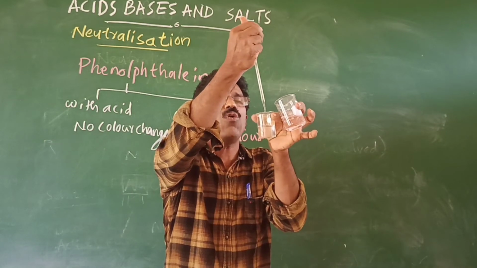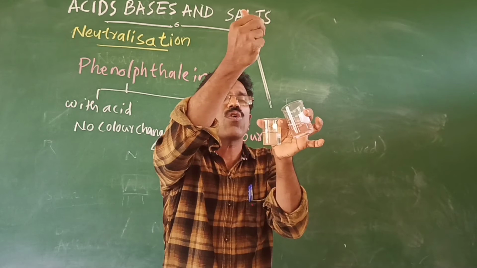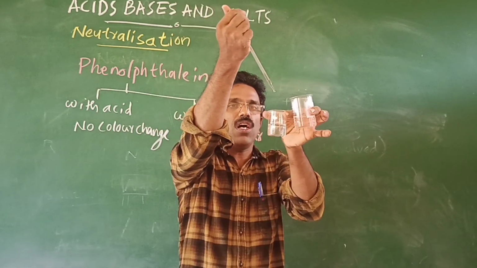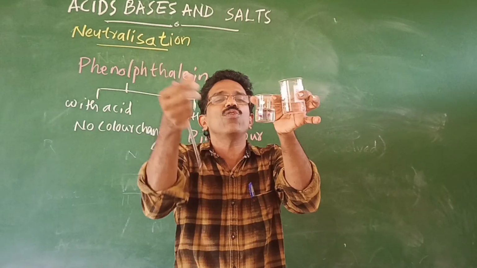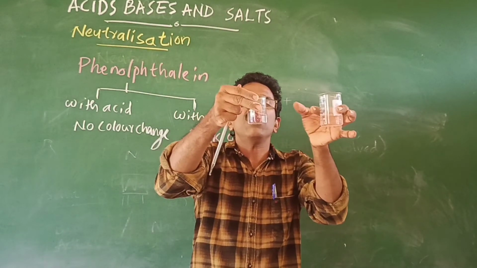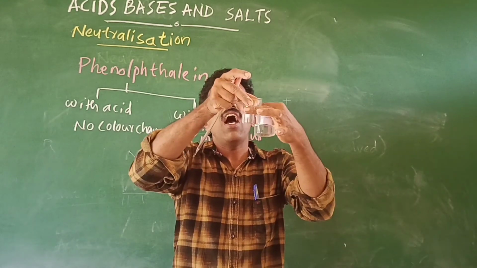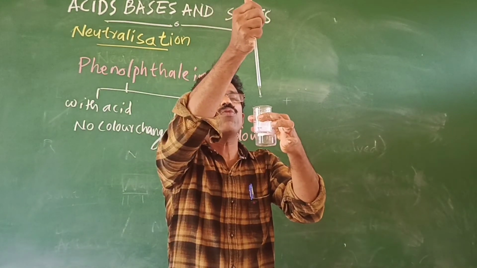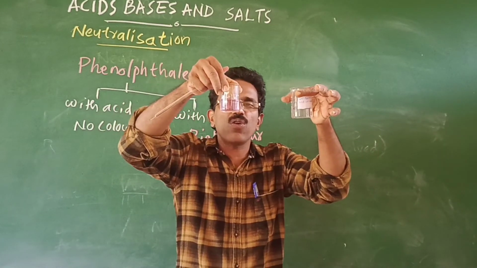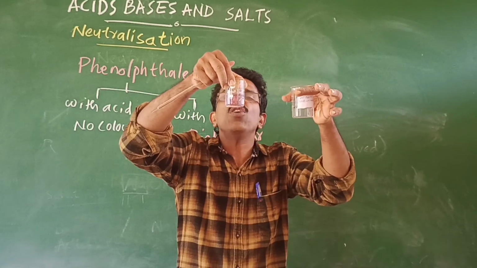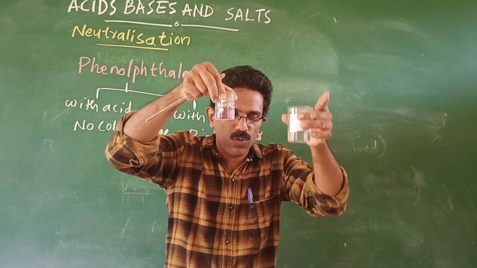So we have to go on adding sodium hydroxide into this hydrochloric acid. Let me add one more drop of sodium hydroxide into this acid. See, now the solution becomes pale in color. When I added one more drop of sodium hydroxide, you can see a slight pink coloration now.